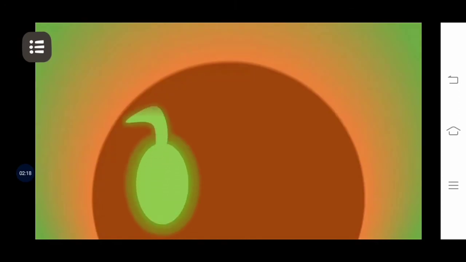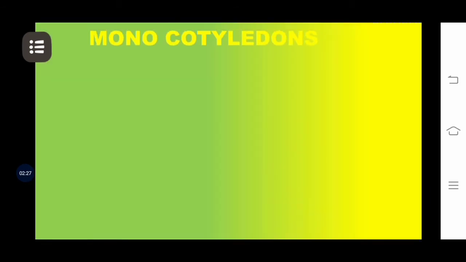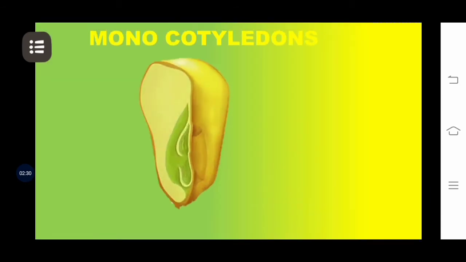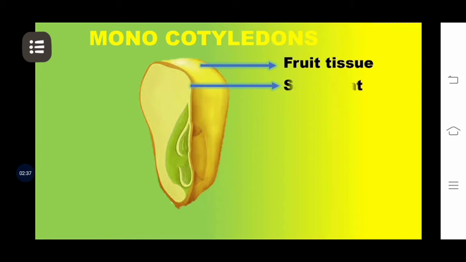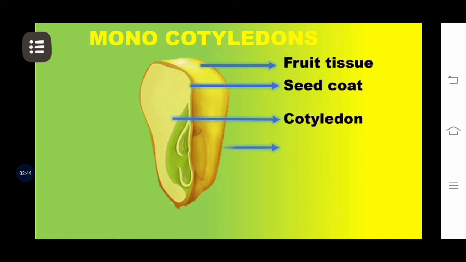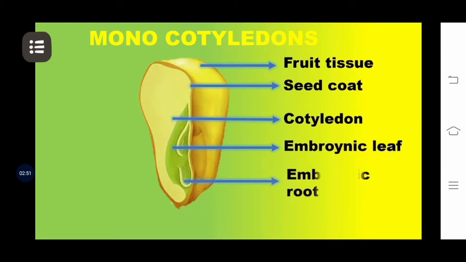Plants are classified as monocotyledons and dicotyledons. In monocotyledon, the seed has a single cotyledon. Root tissue, seed coat, cotyledon, embryonic leaf and embryonic root.